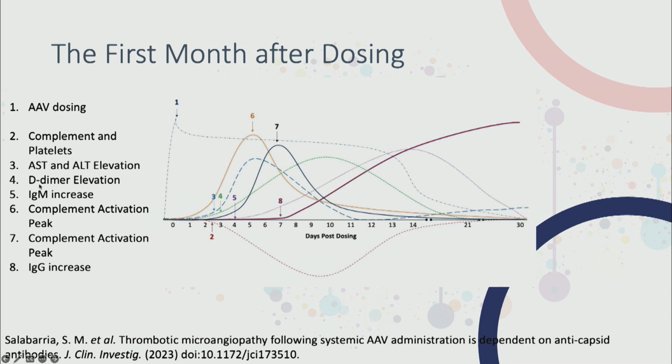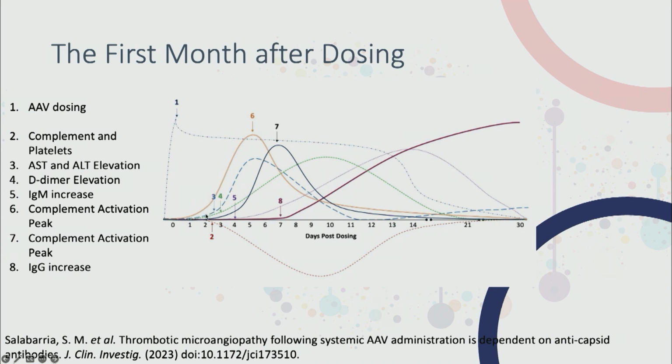And then with the IgM is what's causing the complement activation, and that's what's causing the drop in platelets.